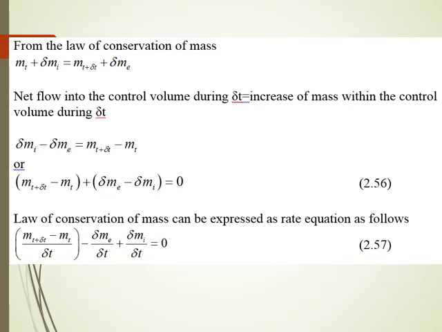And what will be m_(t+delta t)? That will be 30. If you see the right hand side, m_(t+delta t) is equal to 30 and m_t is 25, so that will also give 5, right? So I think this is clear now.